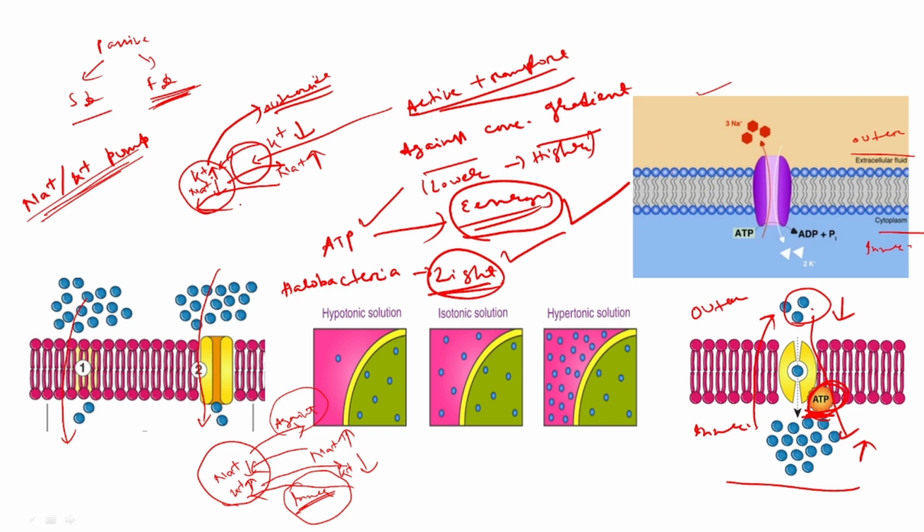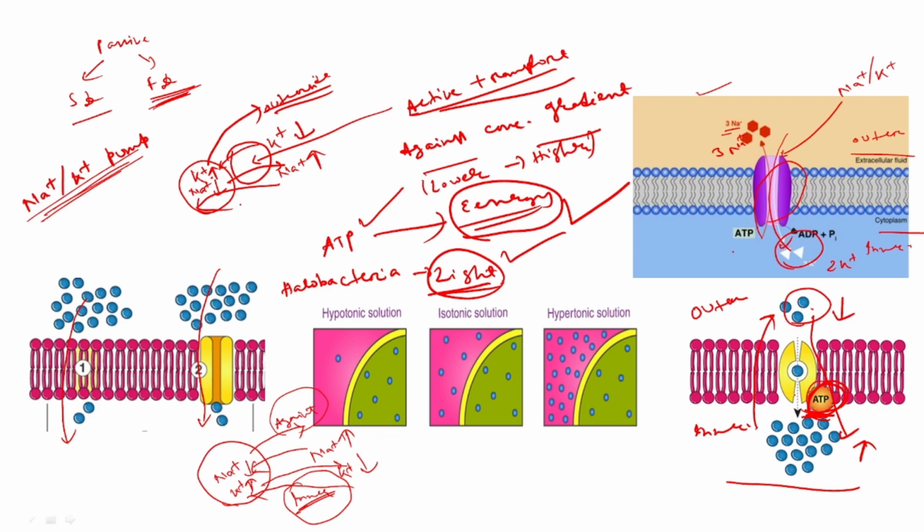Look at this structure. This type of structure is called the sodium potassium pump. And here 3 sodium molecules are transported from the inner to the outer, and like that 2 potassium molecules transport from the outer to the inner, and this is called the active transport, and here the ATP is needed as a source of energy.